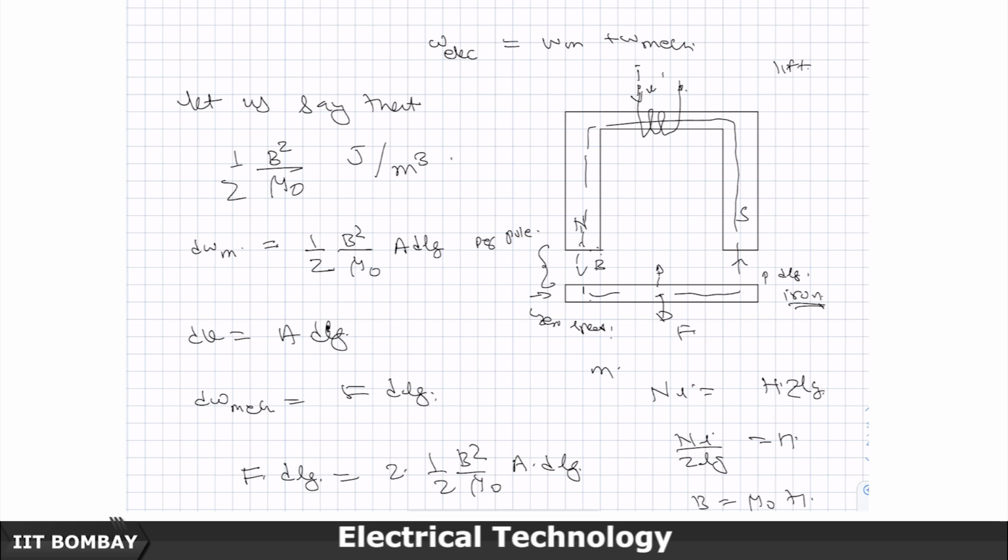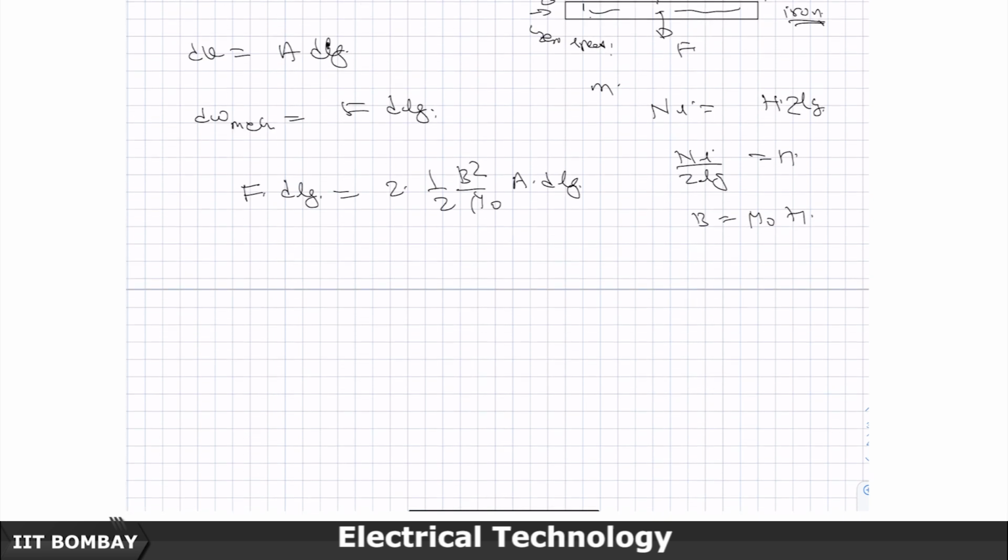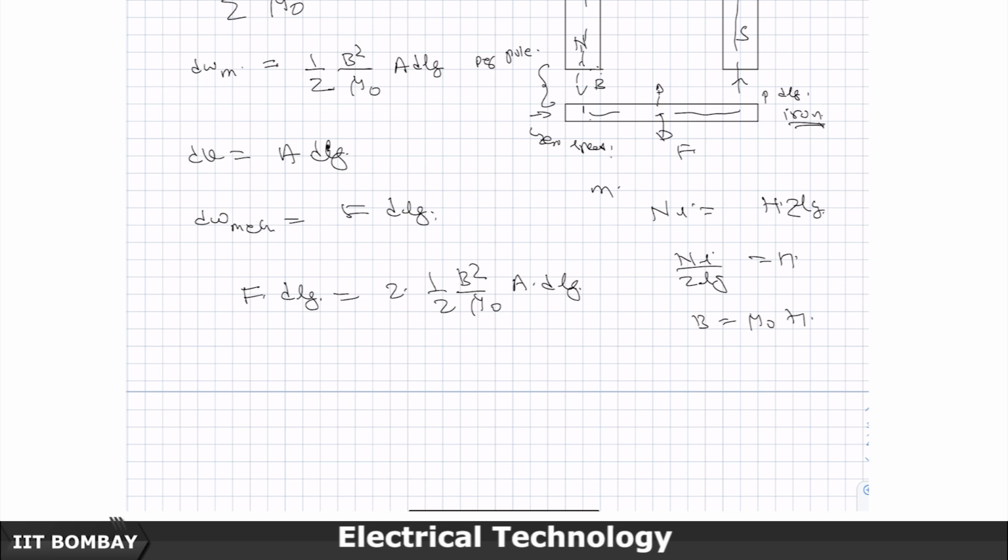Because I am not allowing the current to change, F into this dlg will be equal to this. Only thing that has happened is magnetic field energy has changed by a small amount. dlg is close to 0. So, B has really not changed, we can ignore the change which is happening.